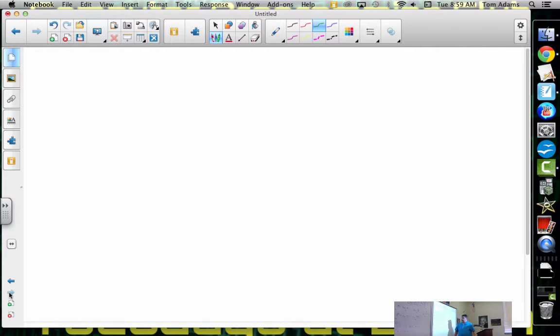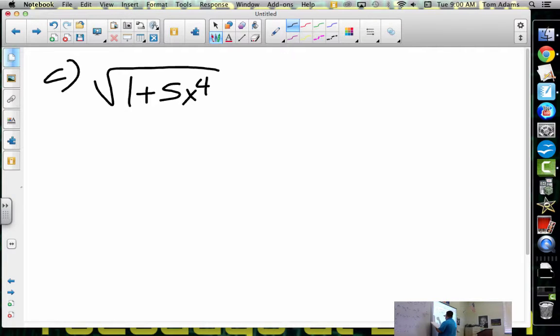Okay. So another scenario that the book chose for us to play around with was C, which is the square root of 1 plus 5x to the 4th. So now this is the same as 1 plus 5x to the 4th raised to the 1/2.